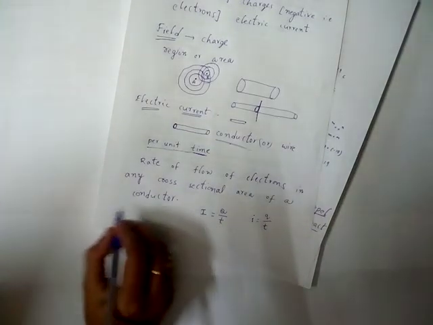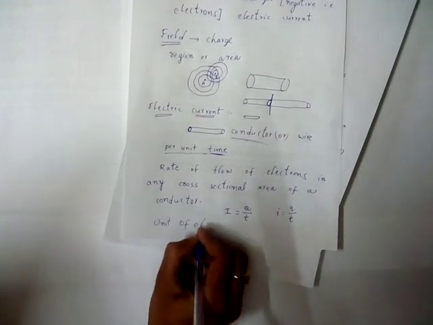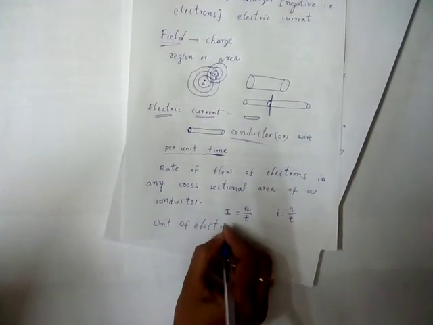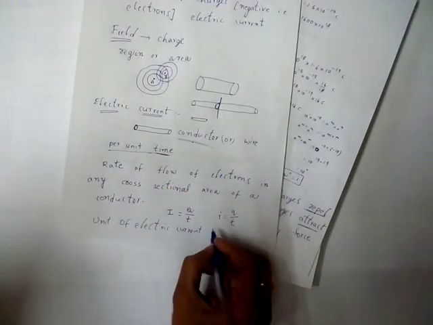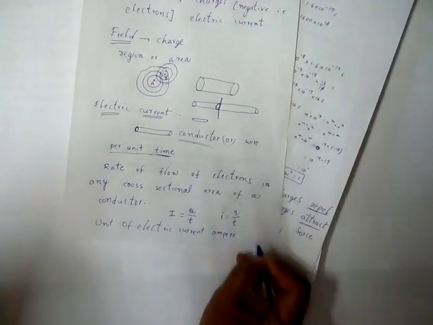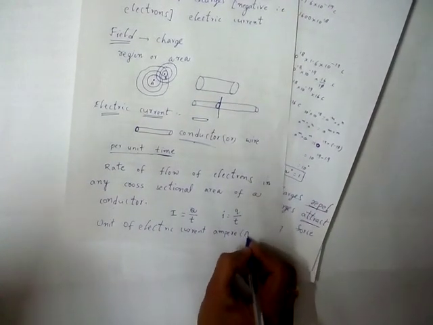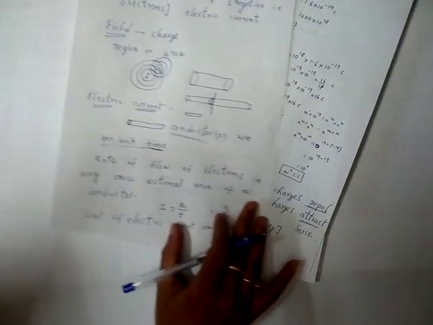Now unit of electric current is Ampere. So Ampere is again name of a scientist. When you are writing completely, you have to write all the letters small, and when you are writing symbol, you have to write capital A. Now how do you get it?